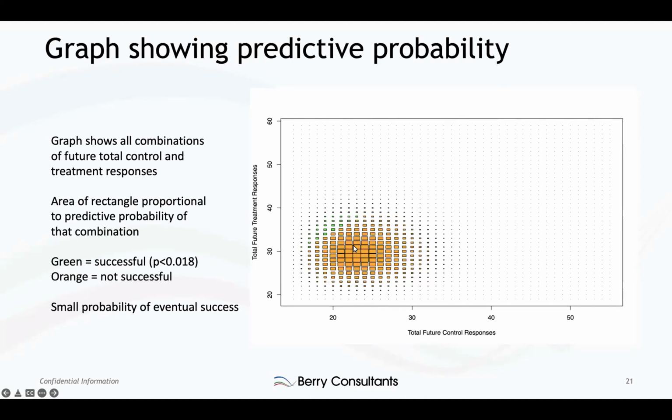I think I'm going to end up right around 23 control responses, with some uncertainty, and right around 30 treatment responses, with some uncertainty. I think I'm going to end up in this fairly ambiguous region where I haven't demonstrated anything. But what I may want to say is, if I'm going to get an ambiguous result at the end, I may as well just stop and have an ambiguous result now, and go answer a question I can answer rather than a question that it doesn't look like I'm going to be able to.